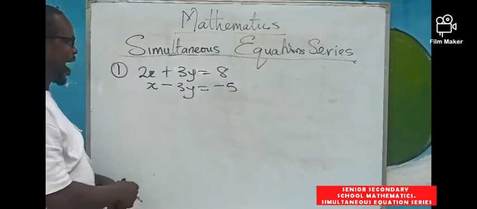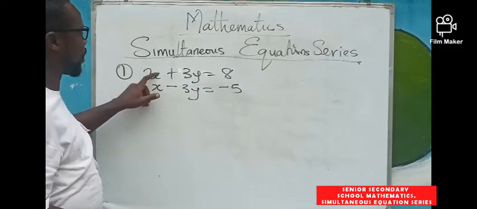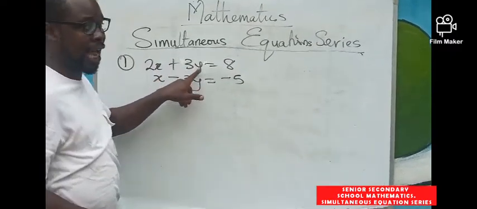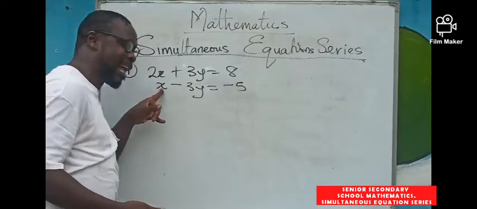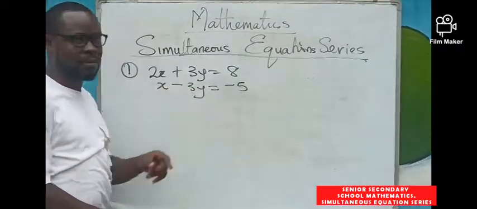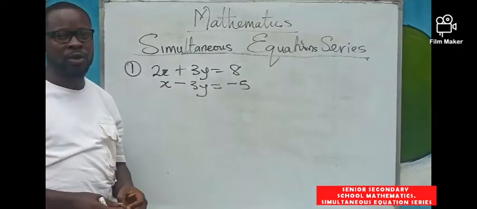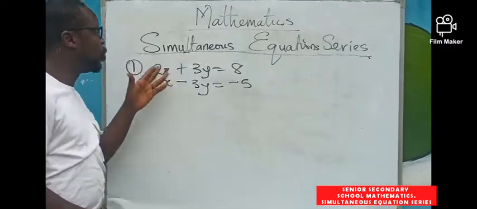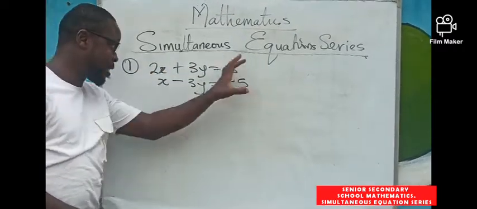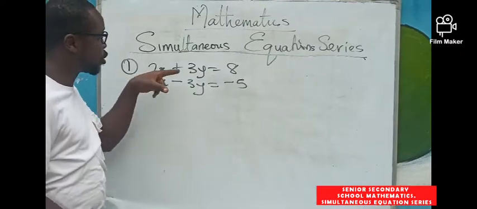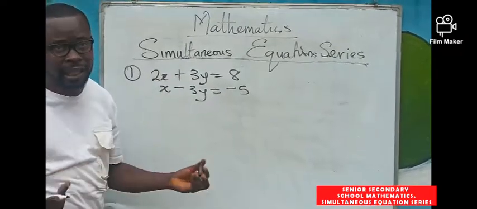So if I solve and get x to be 5 and y to be 3, I can say I'm sure that this x is 5 and this one is 3. That's the concept of simultaneous equations, where these two unknowns are the same.